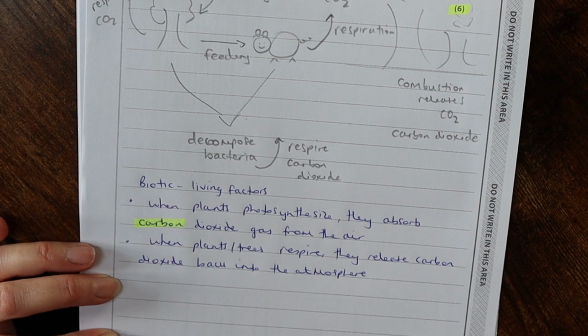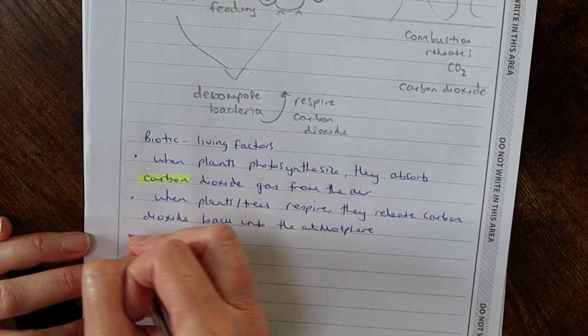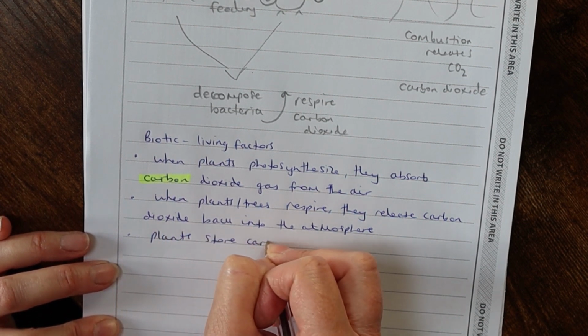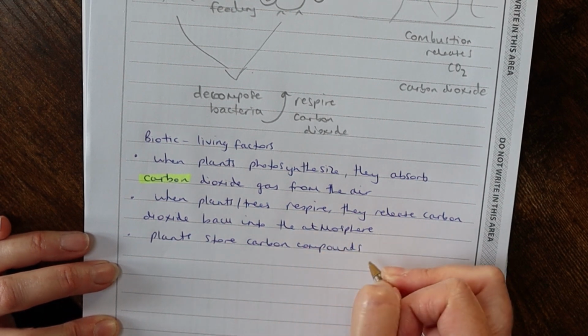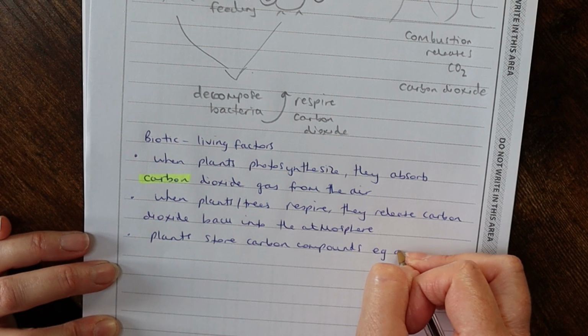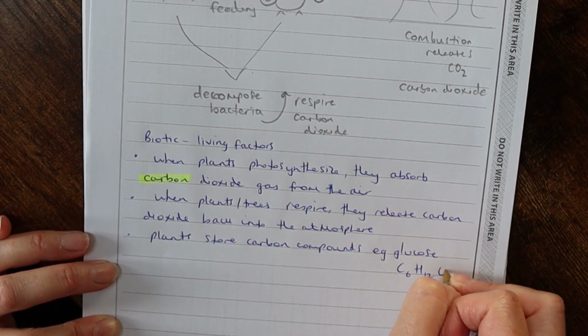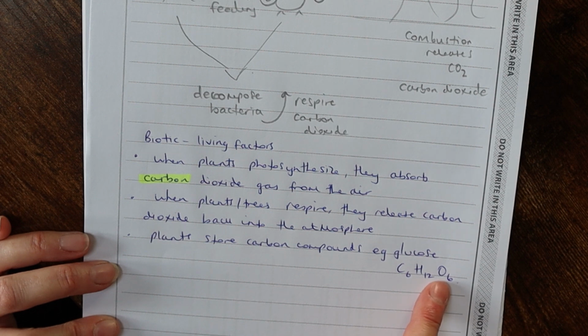Plants will store carbon compounds as well. So, for example, as glucose. So plants store carbon compounds. So, for example, glucose. Now, glucose is C6H12O6, which basically means 6 carbon, 12 hydrogen atoms and 6 oxygen atoms in one molecule of glucose.